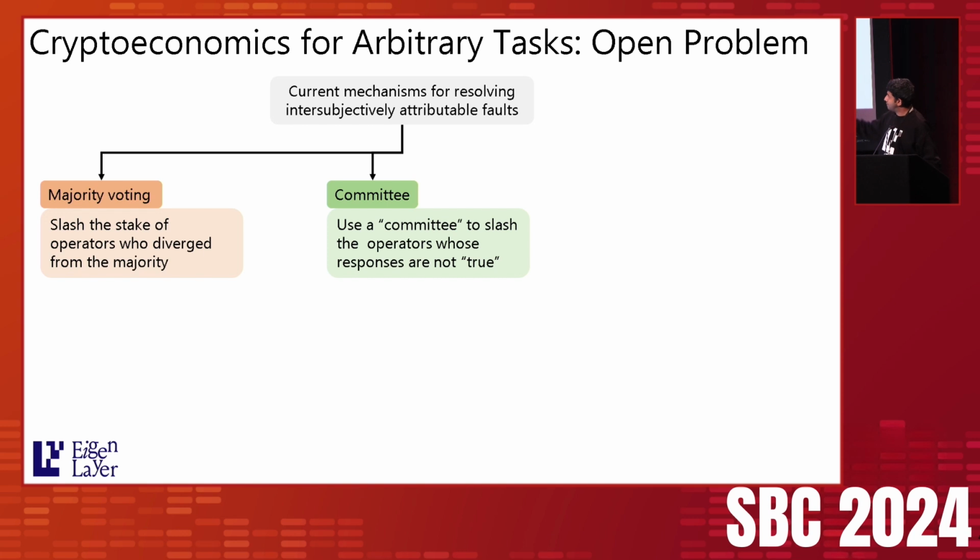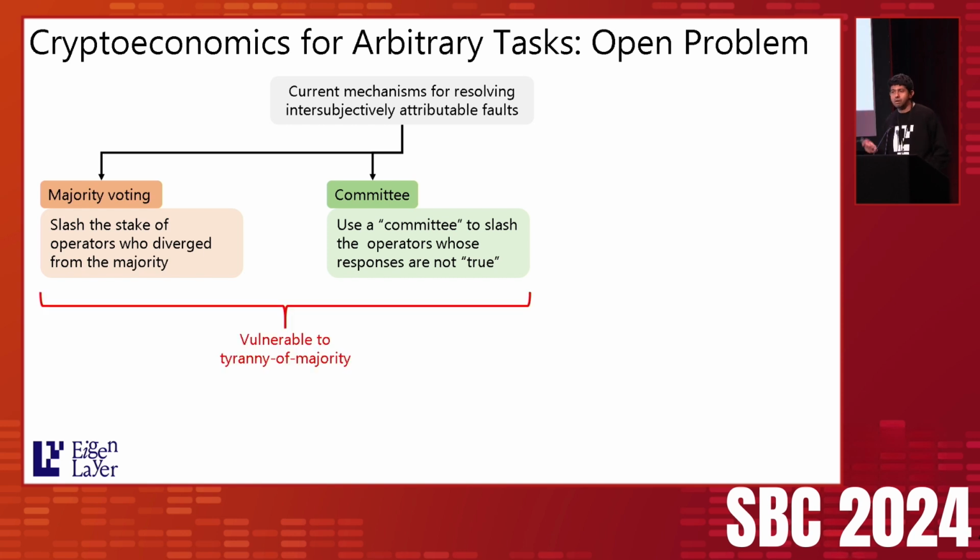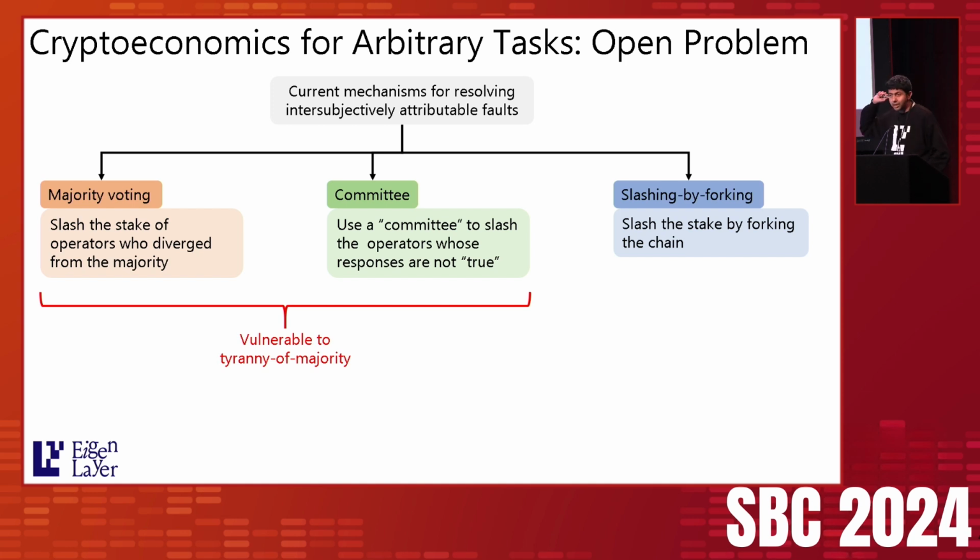The methods people have are majority voting, like you have a majority of stakers vote on something, or you can have a committee vote on something. But you have to ask the question, what types of coordination mechanisms are we building? How do we make them very robust? Both of these are vulnerable to the tyranny of majority. So the only system that's really robust to the tyranny of majority that we know about is forking.